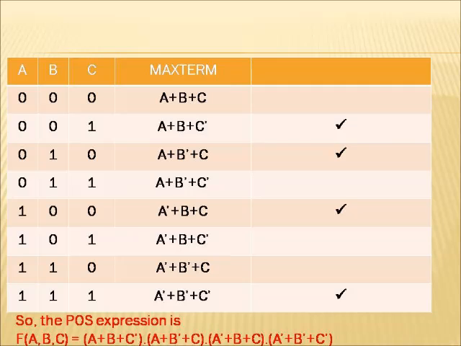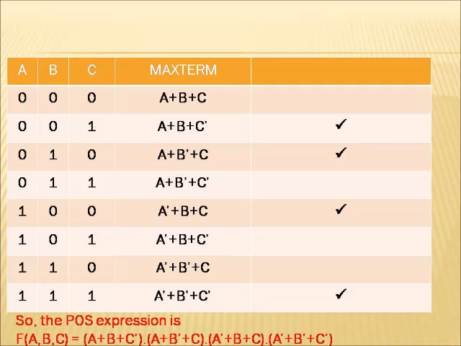So on the truth table you can see the corresponding max terms I have written, and corresponding to some max terms I have put a tick mark. The reason why I put the tick mark is that we have some set of given values for a, b and c.